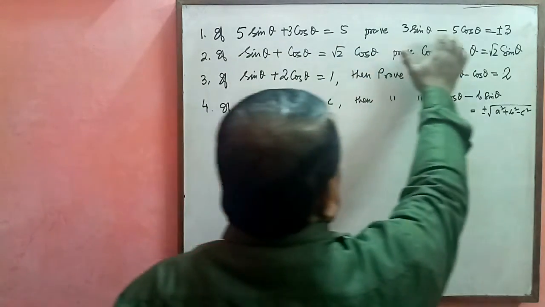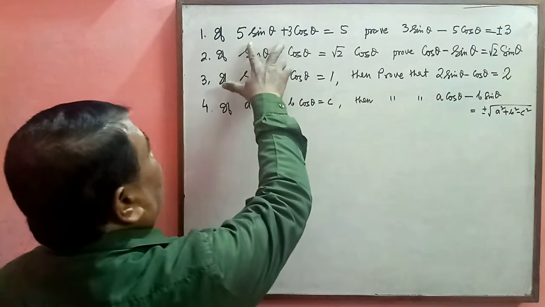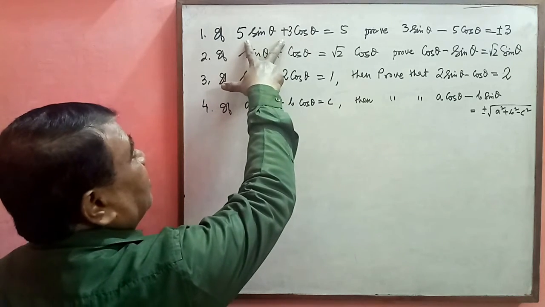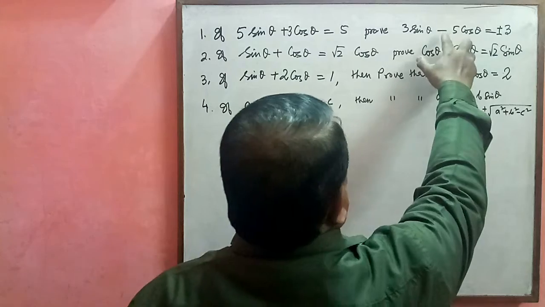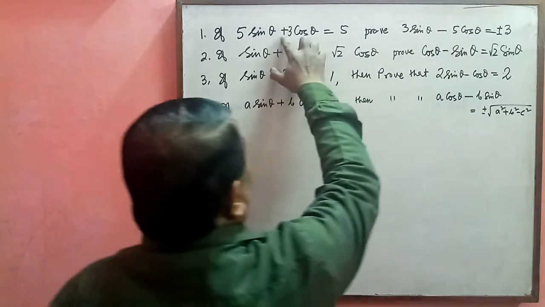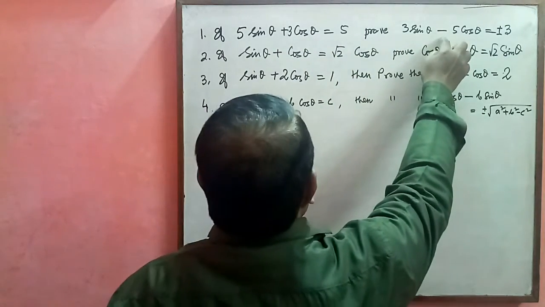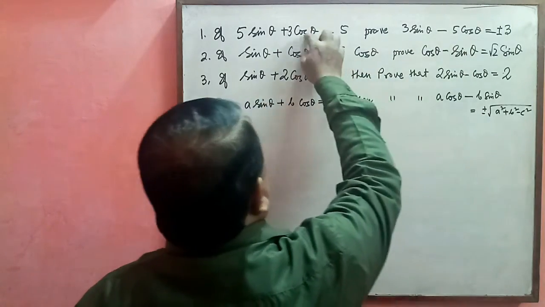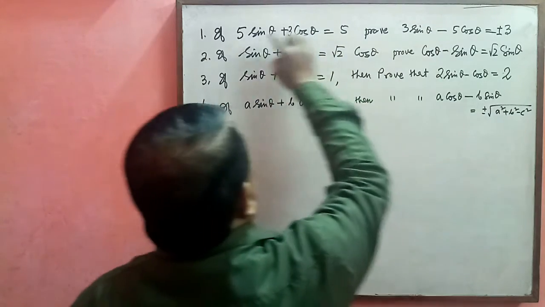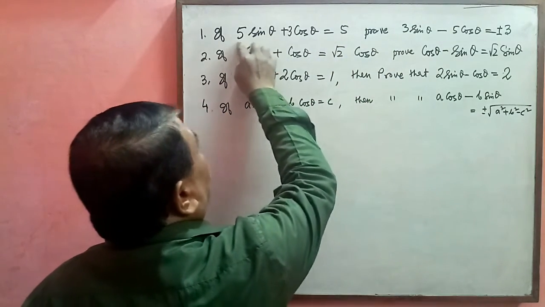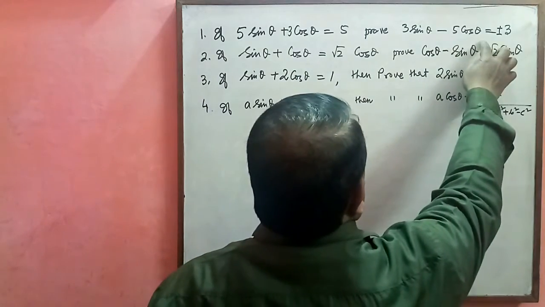At a glance you can see the coefficients 5 and 3 are interchanged, with sign: the positive becomes negative, and the coefficient of cos is with sin theta, and the coefficient of sin theta is with cos theta.